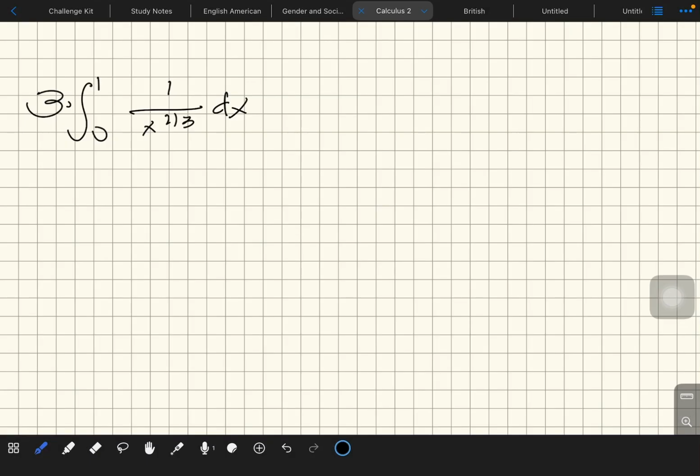So now let's proceed to problem number 3. We have here the integral with an upper boundary of 1 and lower boundary of 0, 1 over x raised to 2/3 dx. So what could be our case here?